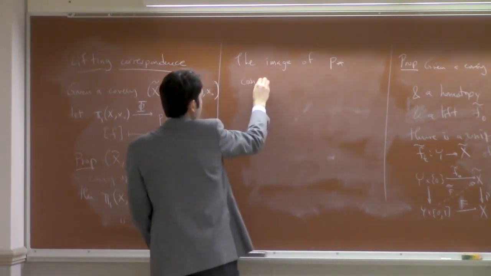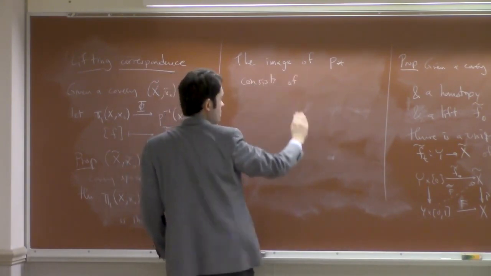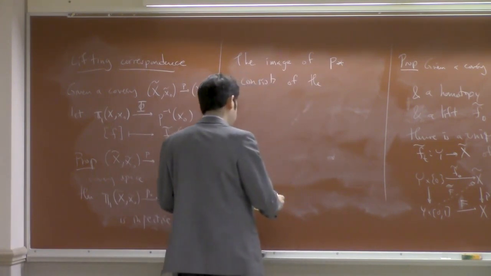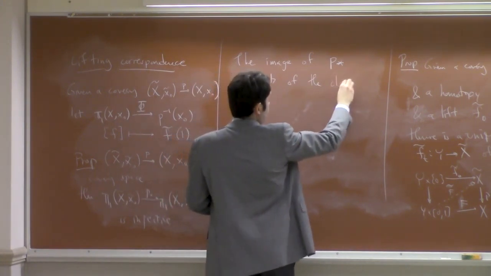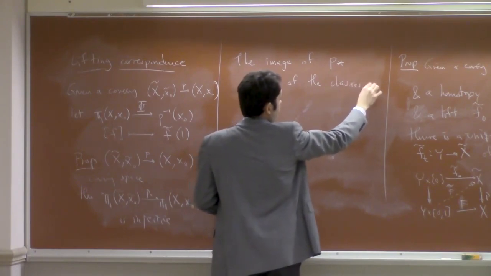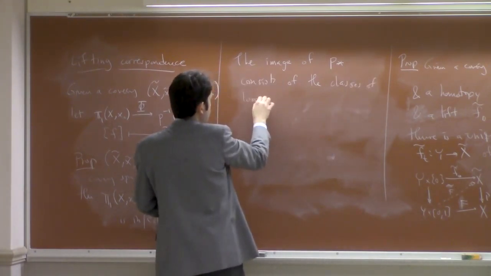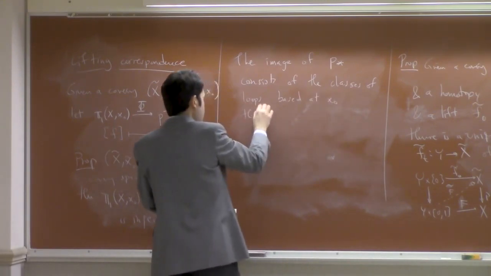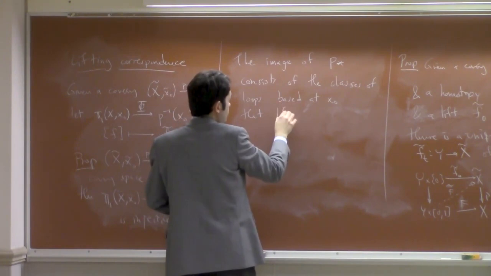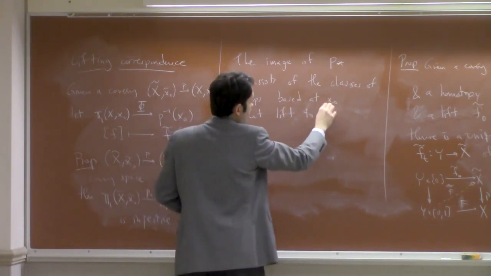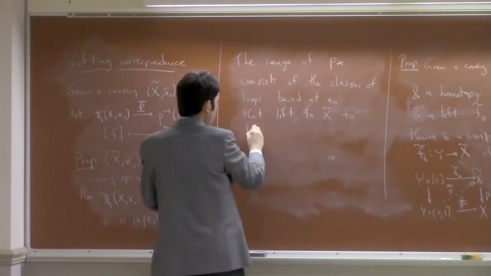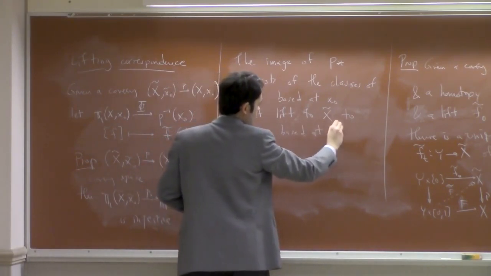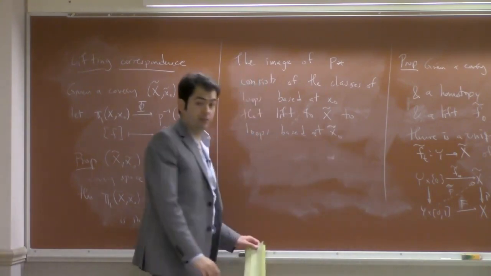So the image consists of the homotopy classes of loops based at x0 that lift to loops based at x0 tilde.